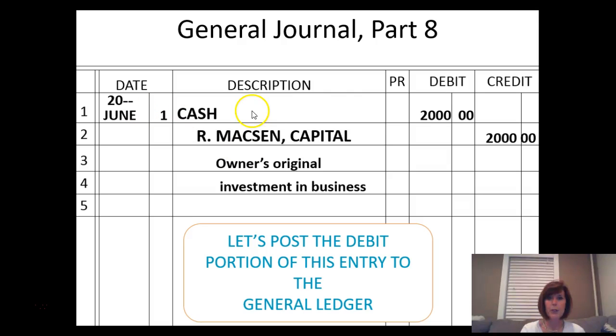It was a $2,000 initial investment, so we debited our cash for $2,000 to show the increase and credited our capital, otherwise known as owner's equity. And now we're going to take this journal posting and post to the general ledger.